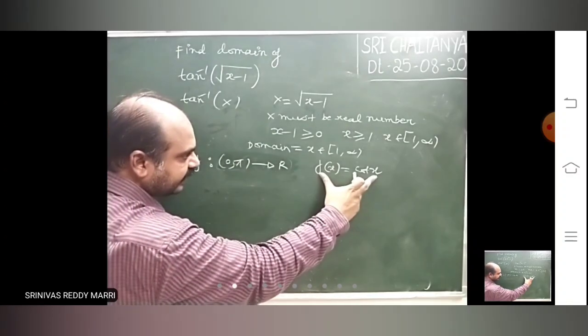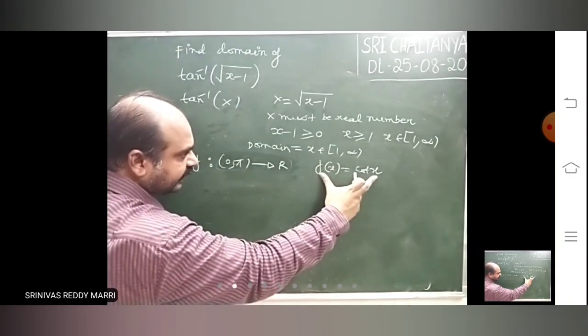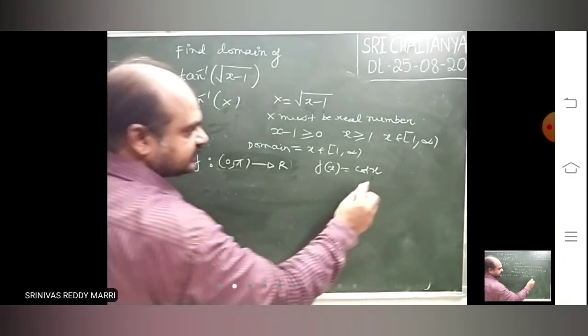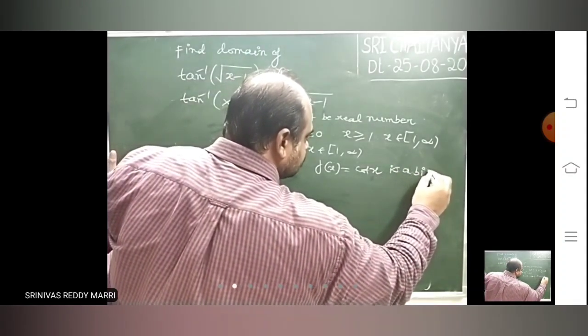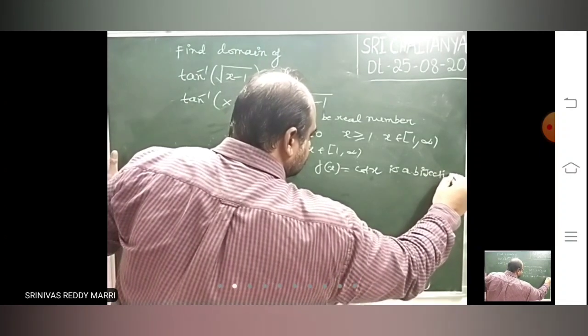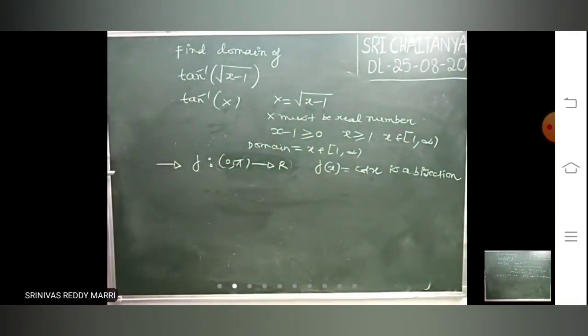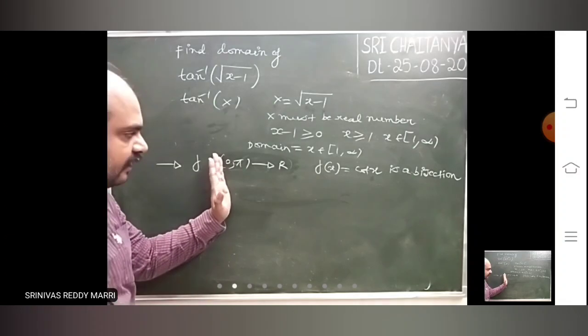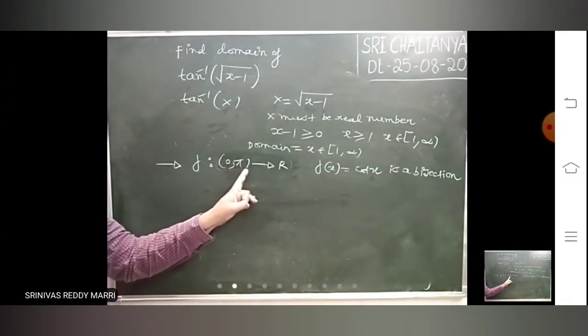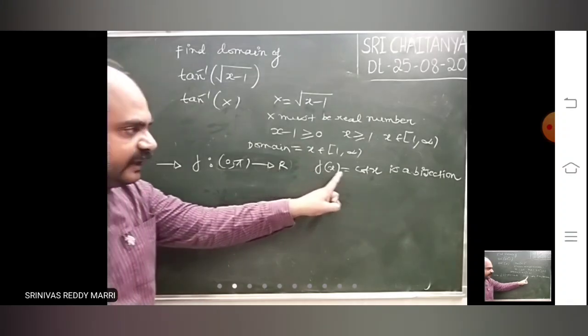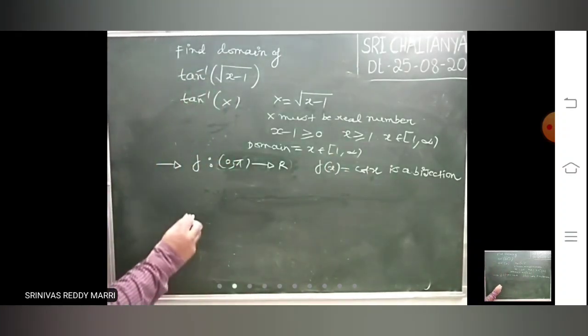I am defining one function. Look at f of x equal to cot x, right? So this will be a bijection. If I define f of x equal to cot x, with domain (0, pi) and range R, then it will be a bijection.